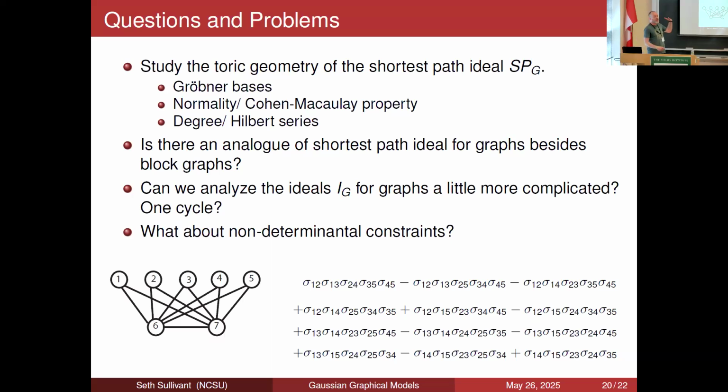For example, you need this equation if you want to understand points on the boundary of the positive definite cone that are limits of things in the positive definite cone. You have to have this equation there to understand even the closure of the semi-algebraic set that you start with.